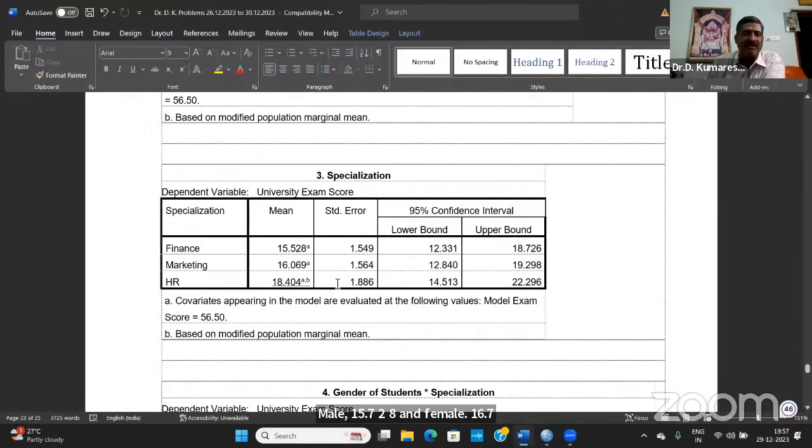Now we come to the specialization wise estimated marginal means. Finance 15.528. Marketing 16.069. HR 18.404.